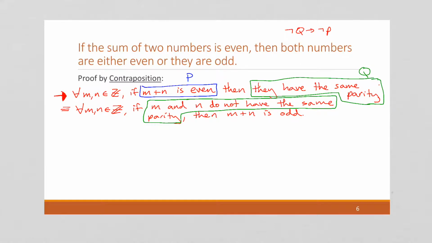So we're going to say, suppose, now what's another way of writing that? m and n are any integers that do not have the same parity. I guess that's as well as we can do.